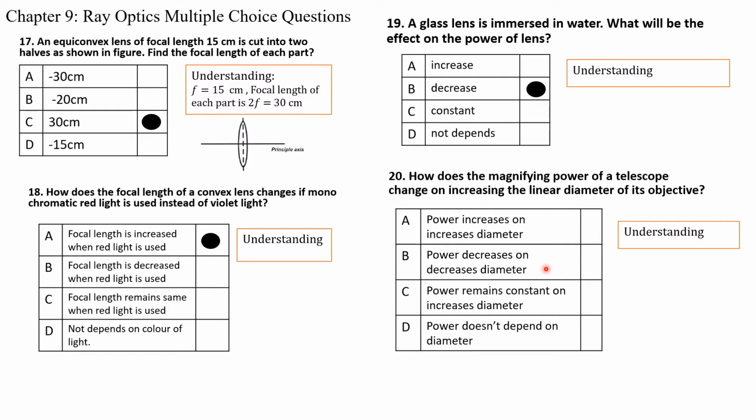Power remains constant on increasing the diameter. Power does not depend on diameter. The correct answer is power does not depend on the diameter: the magnifying power of a telescope does not depend on the diameter.